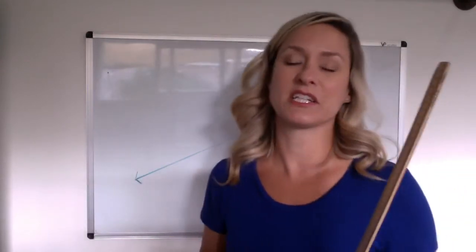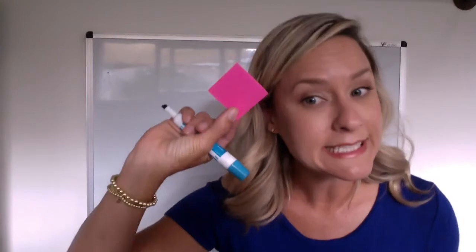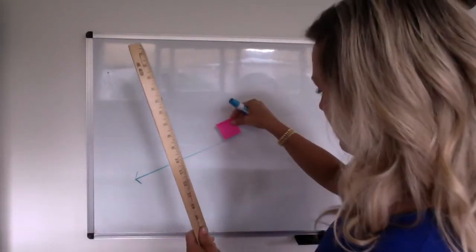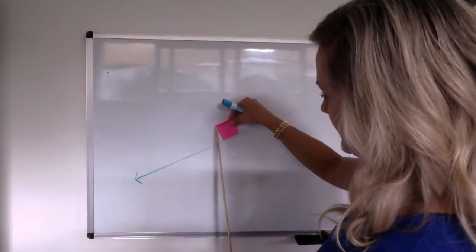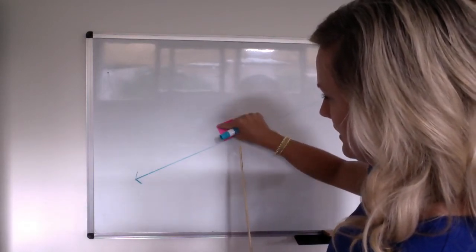So I'm going to use a little piece of paper. This is a sticky to help me. So I'm thinking, since I know that this sticky is made up of right angles, I'm just going to use it to help guide me.